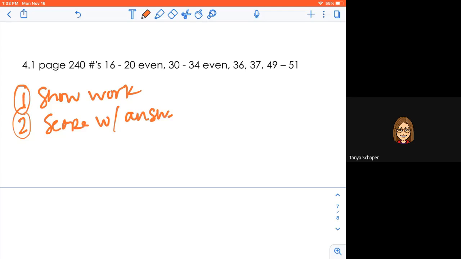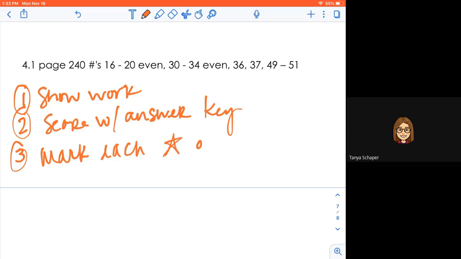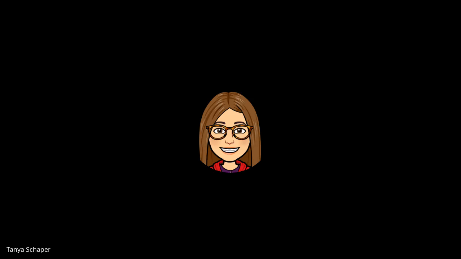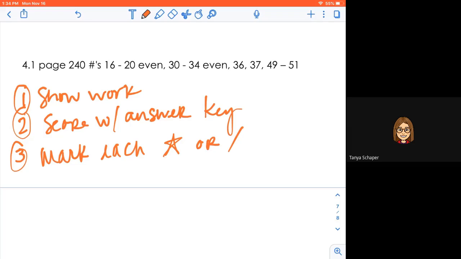Okay. Then this is the part that's new. When you score it, I need you to mark each question with a star or a slash, meaning it's either right or wrong. So when I look at your work when you submit it, I should be able to tell which problems are right and which problems are wrong, so that when you're checking it, you're able to check that out, and then I'm able to assess it as well.